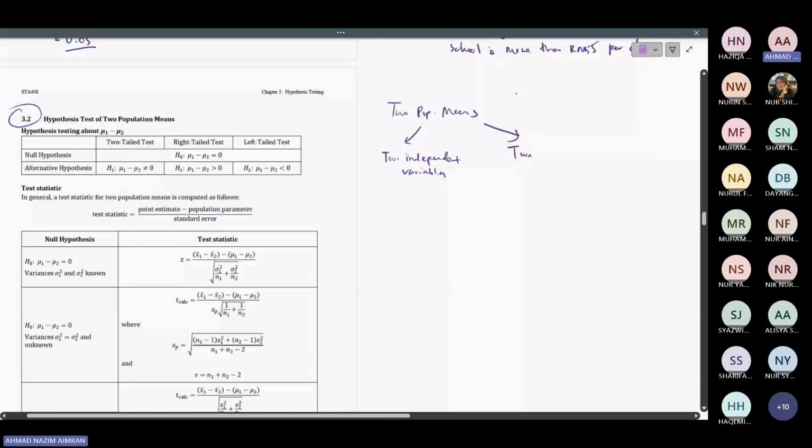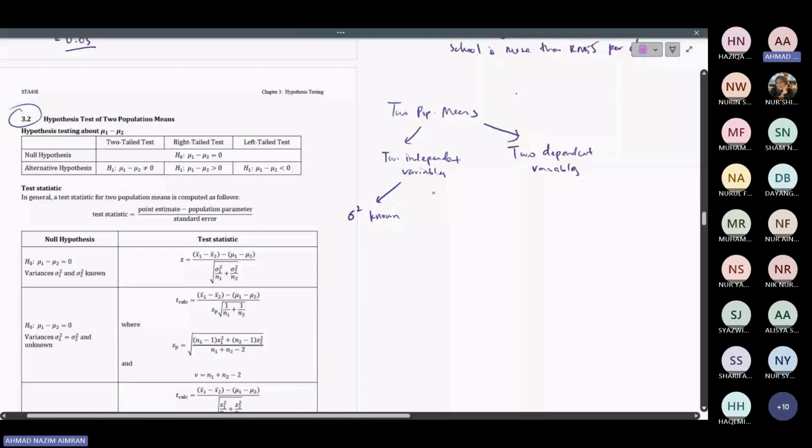For two independent variables, there are 3 cases altogether. The first one is when the variances of the two populations are known.